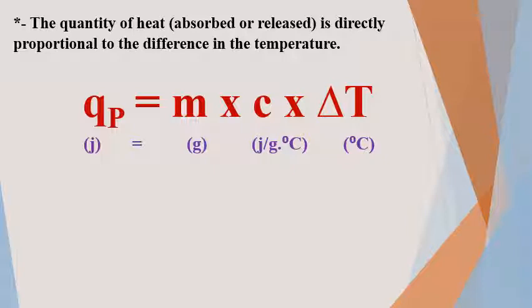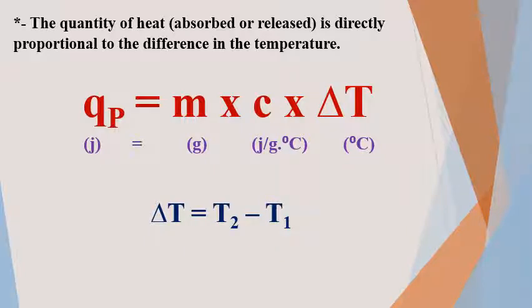The delta T, which means the change in temperature, equals T2, T final, minus T1, which means T initial. That is, final temperature minus initial temperature.